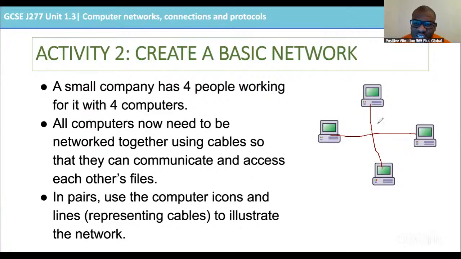So only these 2 can communicate, and only these 2 can communicate. What happens if I want to communicate to this one? It's not possible because these are 2 cables. So that means I need to fix this by making sure that there is direct communication between them. Yes, all right. That would work. Wonderful. Awesome.